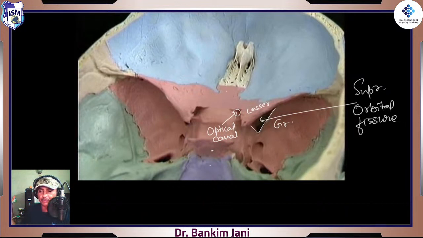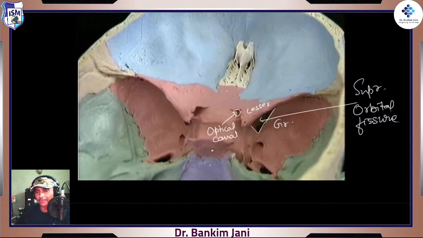Maybe the greater wing was not that great and the lesser wing was not that less. All those variations might be there. But when we talk about us, more or less they are very similar. Regarding those foramina, there might be some variation, but that variation is not much. It is just some change in the diameter, bigger or smaller, because it is the formation of the bone, right? But structure wise, very much similar.